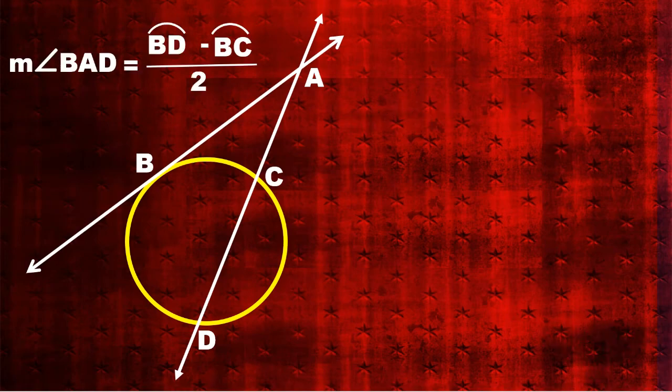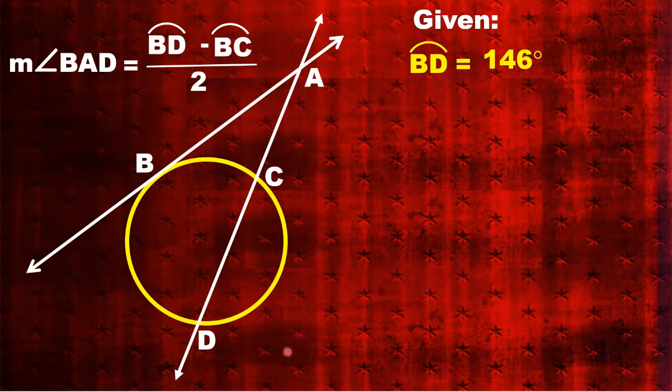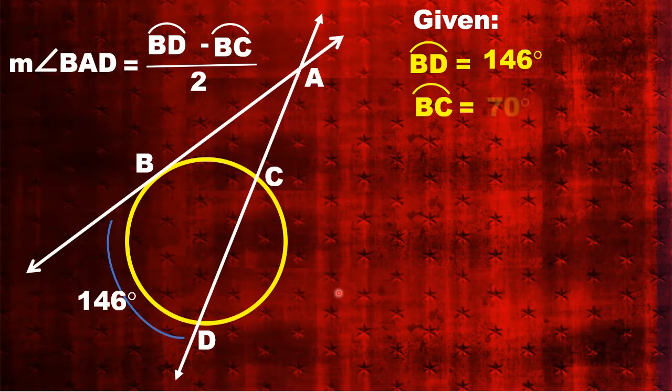Now, let us have an example with given measurement. Given, the measure of arc BD, ayan, yung mas malaking intercepted arc, is equal to 146 degrees. Yan, mula point B hanggang kay point D. The measure of arc BC, yung mas maliit na intercepted arc, is equal to 70 degrees.